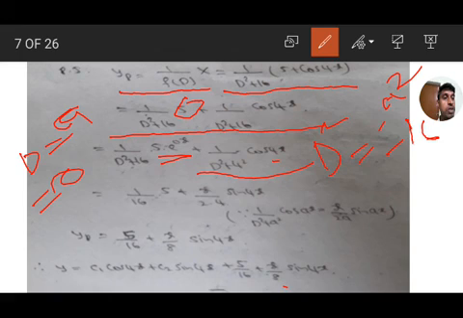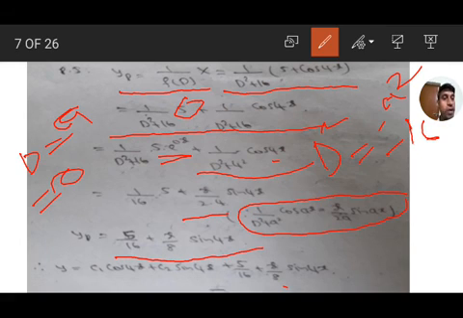So we need to use the formula 1 by (D square plus a square) cos ax equal to x by 2a sin ax. Therefore we get x by (2 into 4) sin 4x, that is 5 by 16 plus x by 8 sin 4x. This is the answer.